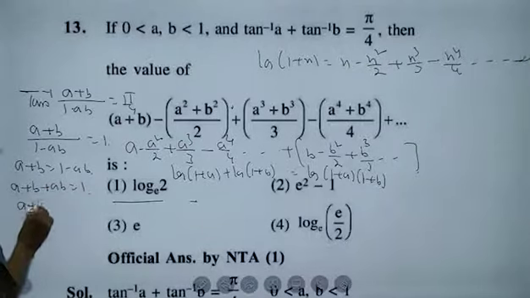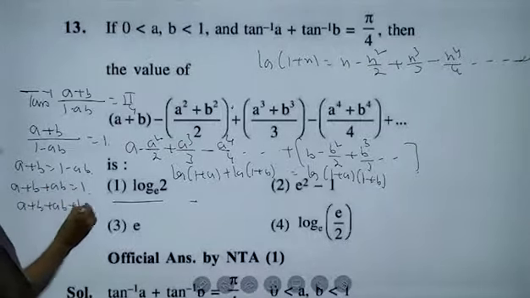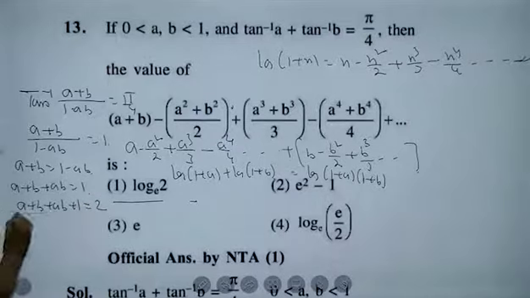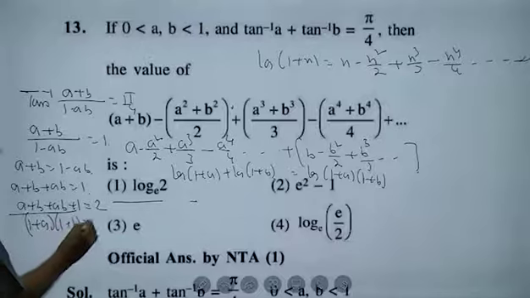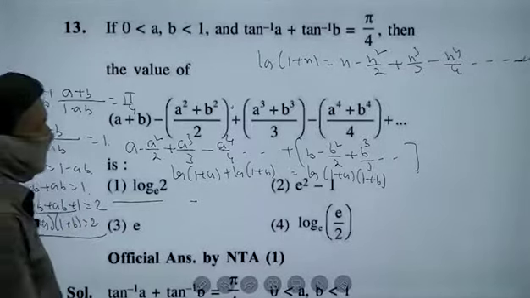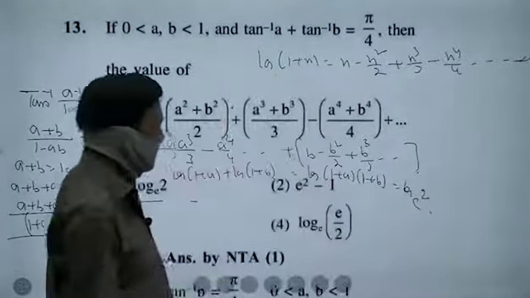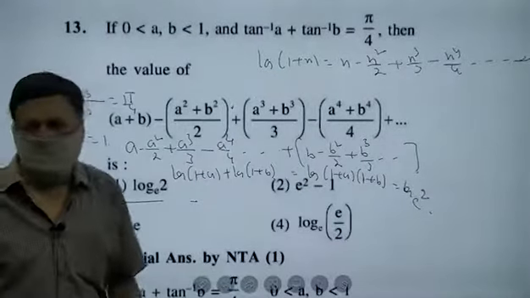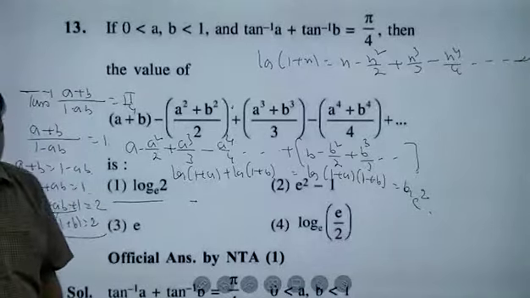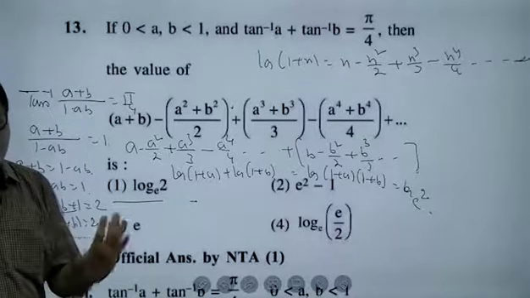So, a plus b plus ab plus 1 is 2. This is what? 1 plus a into 1 plus b is 2. So, your answer is what? Log 2 to base. That's it. Log 1 plus x expansion.